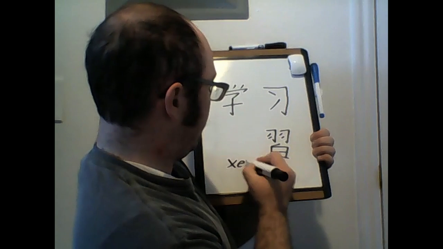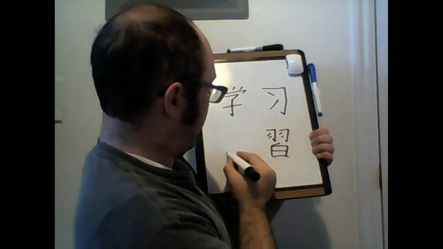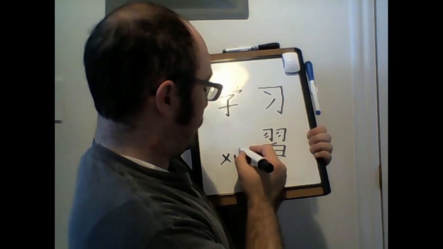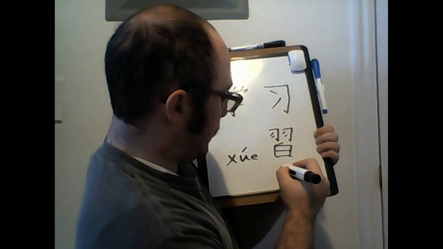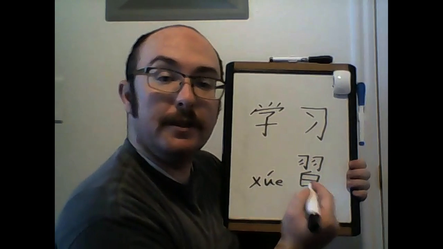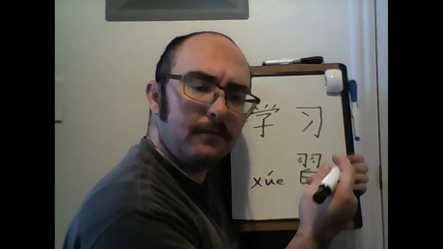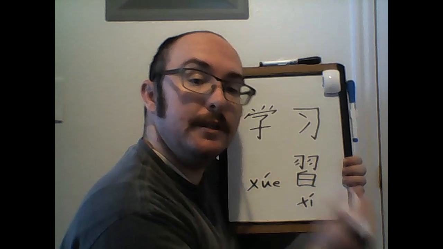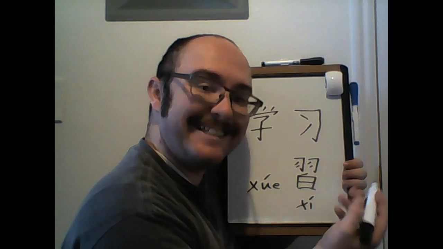So, like I said, we already know 学. And this is 习. 学习 is to learn in a classroom setting, or to study in a classroom setting. 习 means to practice.